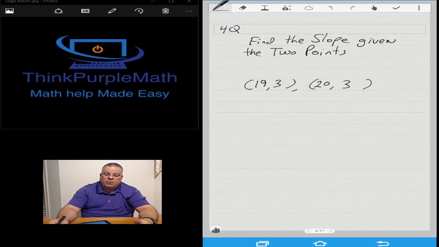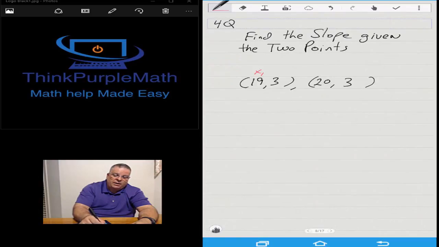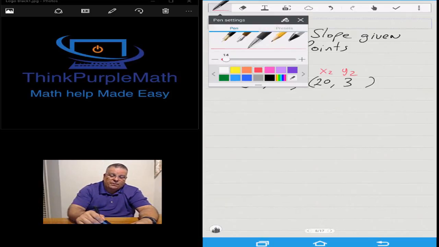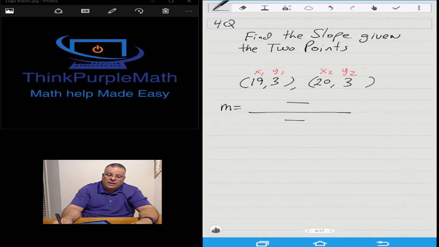Okay, find the slope of these 2 points. And this one I am going to use red. X1, Y1, X2, Y2. Let's go ahead and write our slope formula. We're actually going to just substitute. Y sub 2 is 3, but Y sub 1 is also 3. X sub 2 happens to be 20, and X sub 1 happens to be 19.